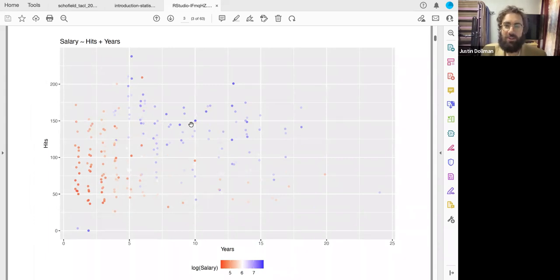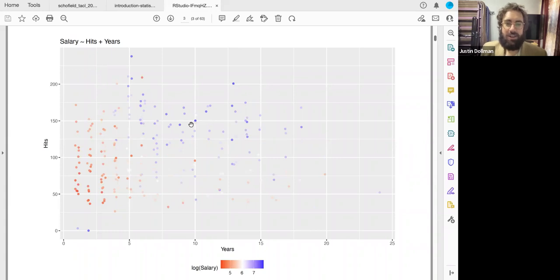Okay, so this is the situation they lay out in the book. I just made this graph. It's a little bit nicer, I think, than what they have in the book, without being that nice. There are 3 variables here from a Hitters data set in the ISLR2 package. The variables in the title are salary, hits, and years. Hits is along the y-axis, years along the x-axis, and salary is encoded by the color of the dots.